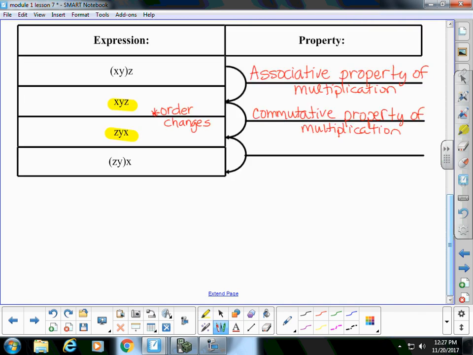And then we went from no parentheses to parentheses, so that means grouping has changed, so that's associative property of multiplication. Okay, so that was 2 kind of quick examples.